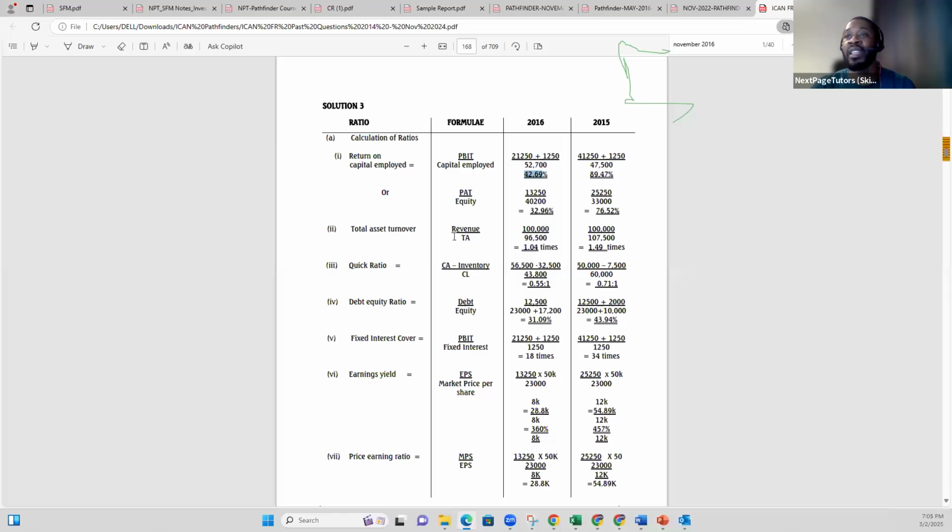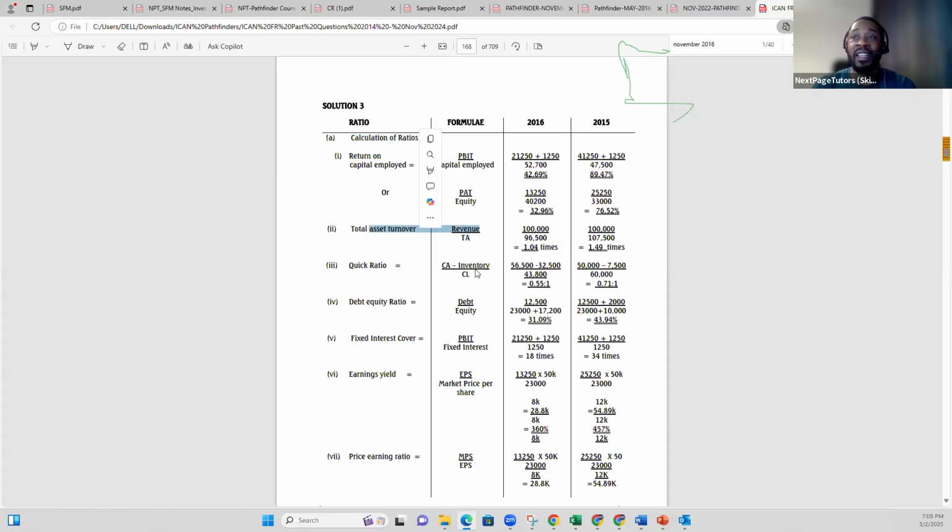The only thing you need to take note of is the fact that they said total asset turnover. They didn't use the word asset turnover where you are supposed to use capital employed. So in that case, it will be turnover over total assets that was used. That's the only difference between what they did here and what we have. What we have is asset turnover.